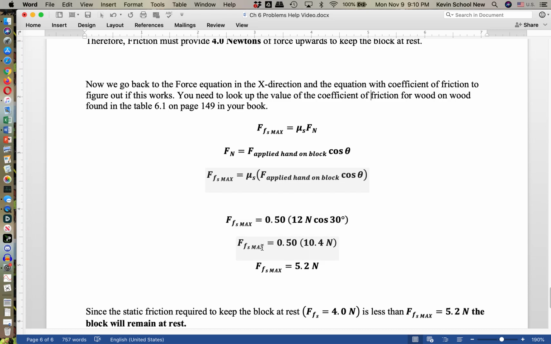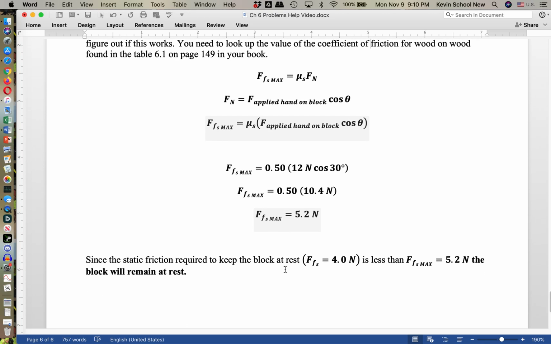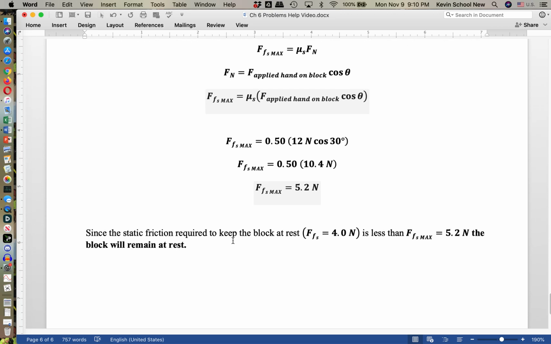And you get the max force is going to be 0.5 times 10.4 newtons, the answer we got earlier. So that's going to give me 5.2 newtons for the max force. So since the static friction required to keep the block at rest is 4 newtons, which is less than the max amount that can be provided, the block's going to remain at rest.